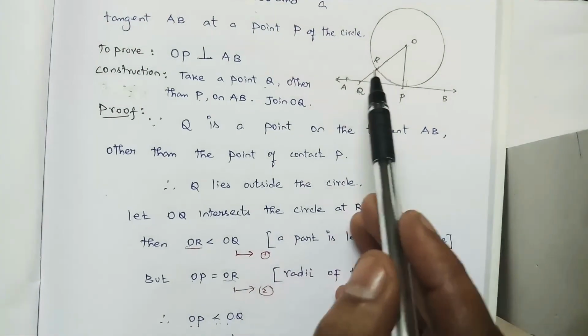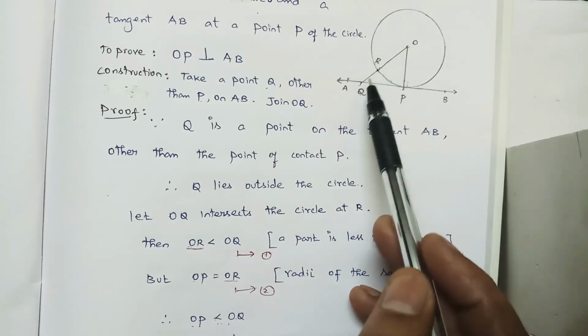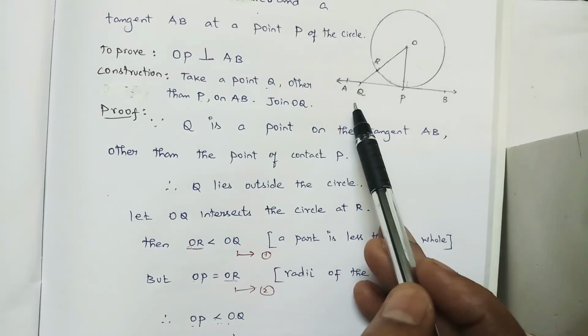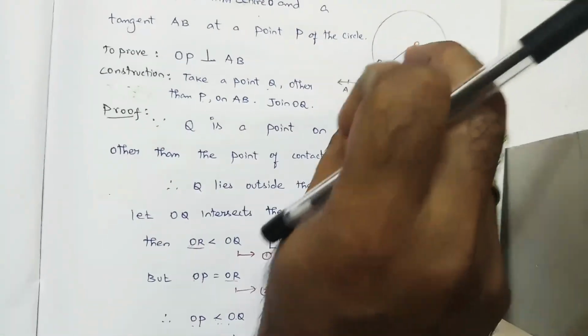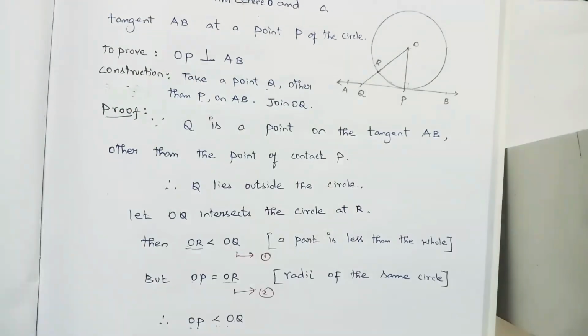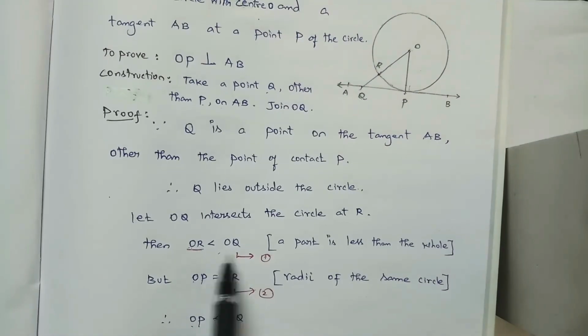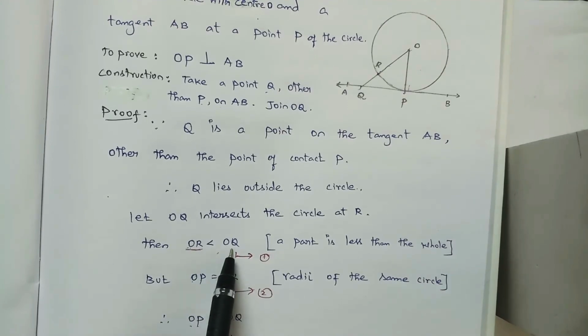Now I'm comparing: OR is less than OQ, because OR is a part of OQ. OQ is bigger, because a part is less than the whole. Equation 1: OR is less than OQ.